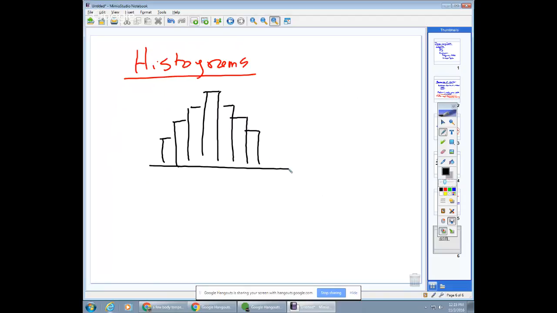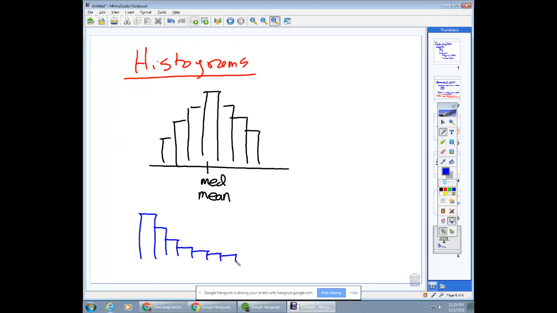In a situation like that, you're going to find that the median and the mean are right next to each other, if not the same number, depending on how balanced it was. So that's one possibility. Another possibility is that you have a whole bunch of data on one side, but not as much on the other side.